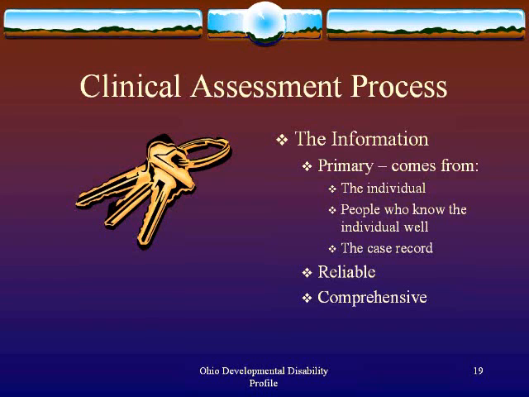When we say that we expect the information to be comprehensive, we're not saying that we need to know everything about the individual. We expect you to say, I'm answering this question, and here's the information I'm trying to get. So I expect the information to be comprehensive for that question, to cover that subject. So I'm going to review all information for that subject to accurately answer that question.